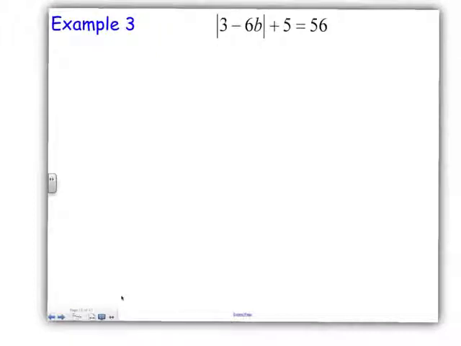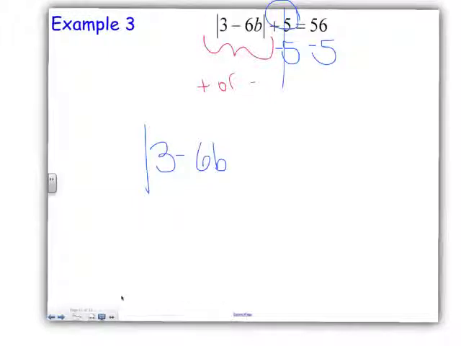And take a look at this problem here. I'm going to take a look and see that I have this portion in absolute values, which means that portion has to be either a positive or a negative answer. However, we also have this plus 5 here. So before I do anything with that, I'm going to subtract 5 on both sides to get rid of it on this side. Meaning I'll have the absolute value of 3 minus 6b equals 51.